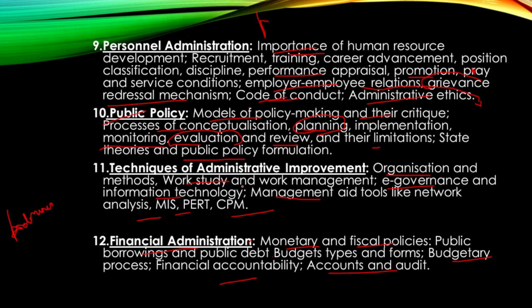There are only 12 units in paper 1, and paper 1 is mostly related to the scientific thinkers who contributed to public administration. For example, if you are writing an answer related to the paper, you need to use some of the thinkers like Max Weber, Wilson, Taylor, Mary Parker Follett.